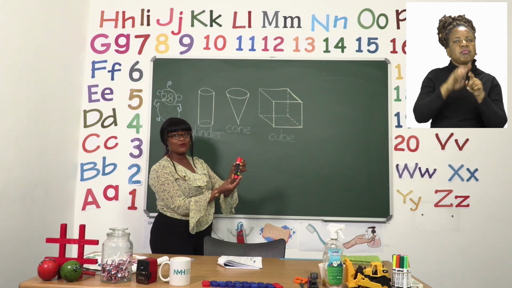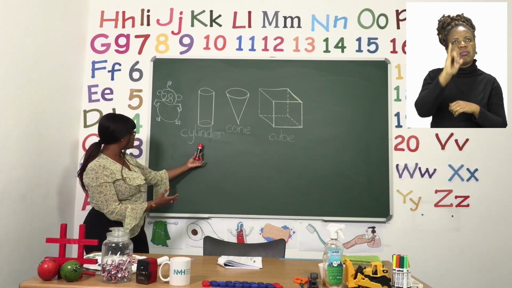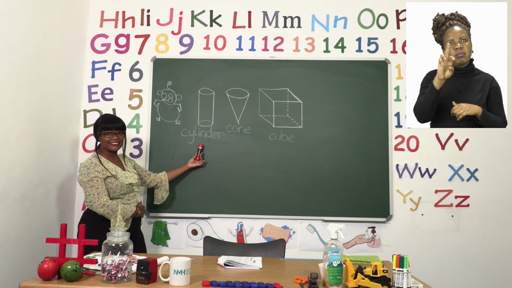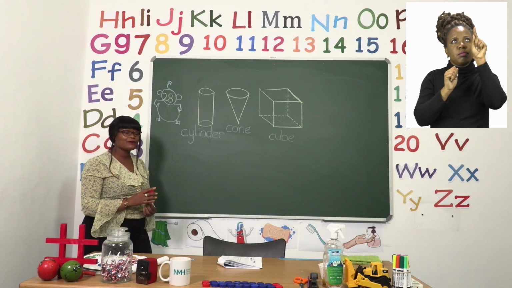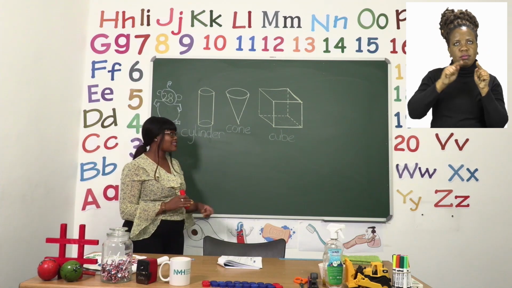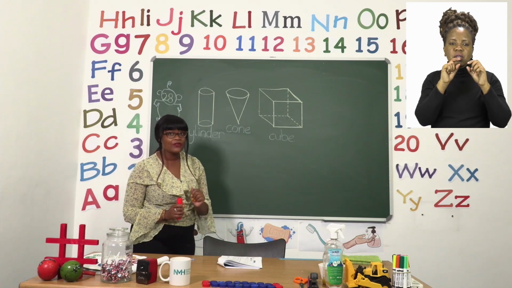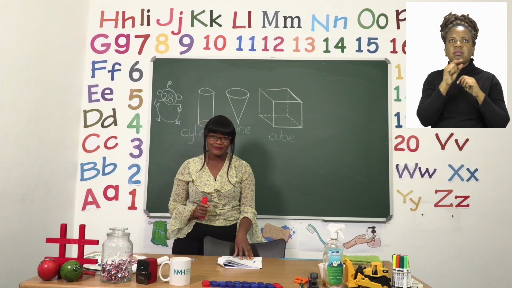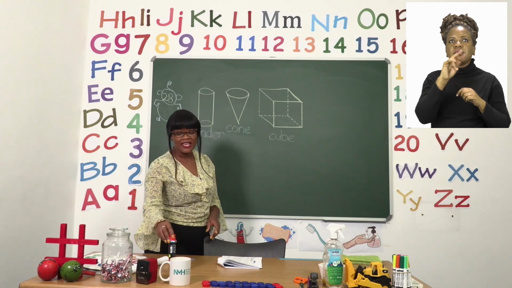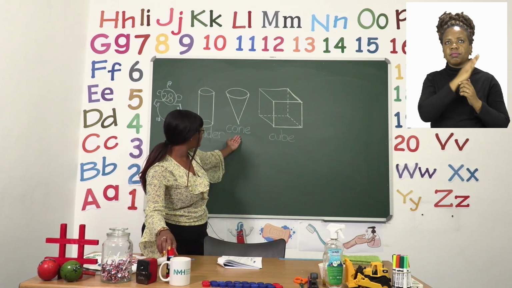It also has a round surface, just like our cylinder. So, I'd like you to please tick the box that says cylinder, and then I want you to please look for the cylinder below.